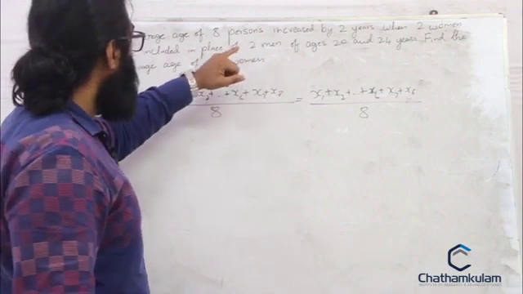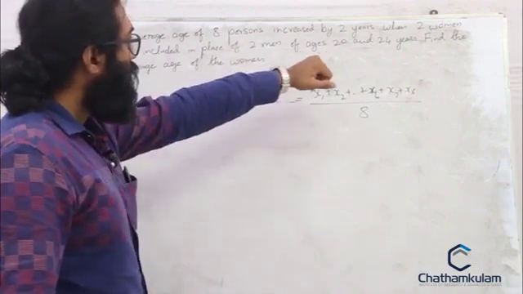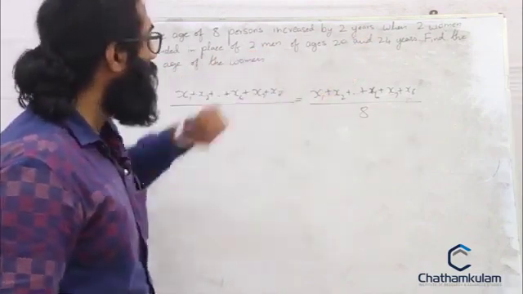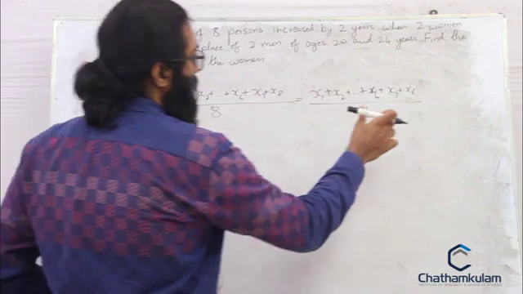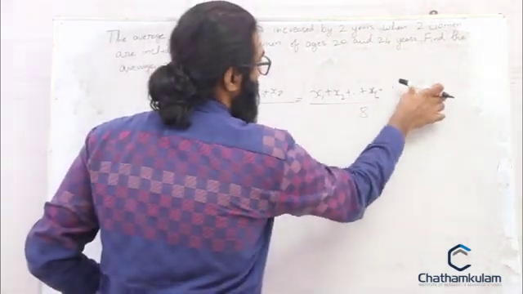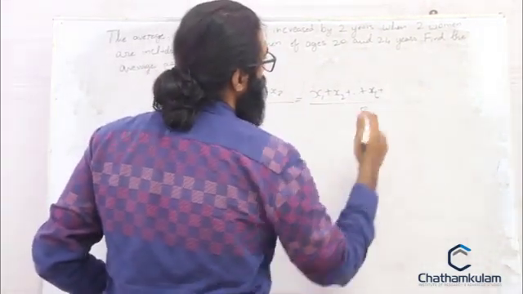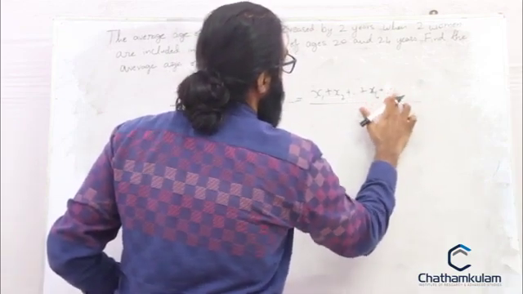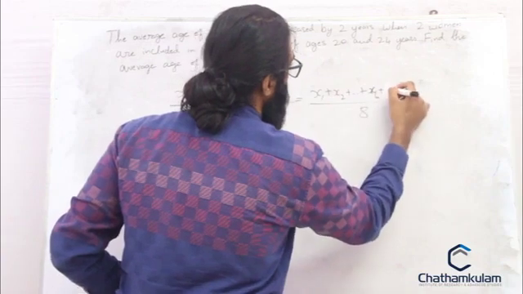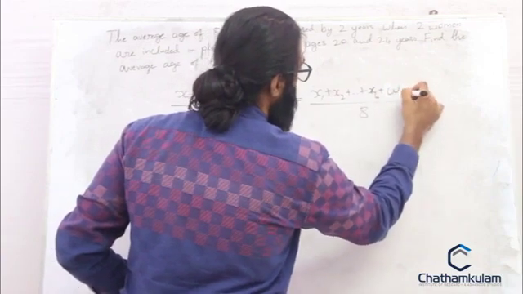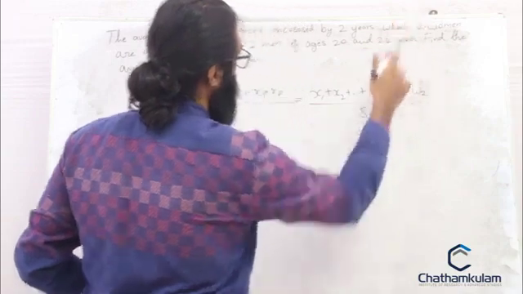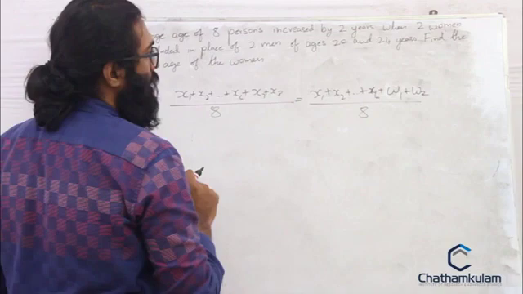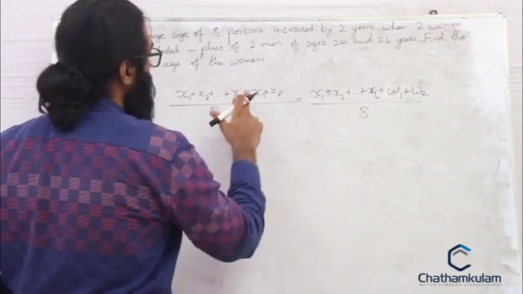So it's given that 2 women were added, like when 2 women are included in the place of 2 men. So we say x7 and x8, 2 women were added, ages not given for the women, say W1 plus W2. 2 women were added in place of 2 men of ages 20 and 24.